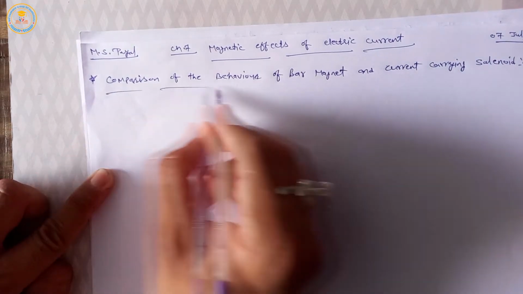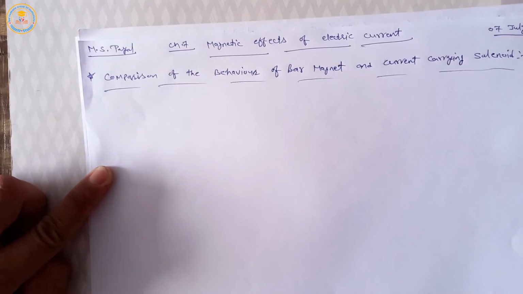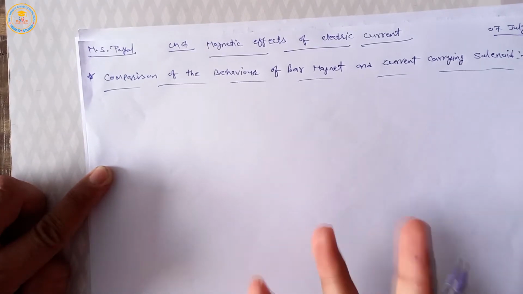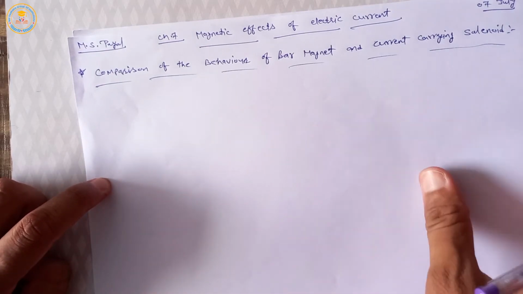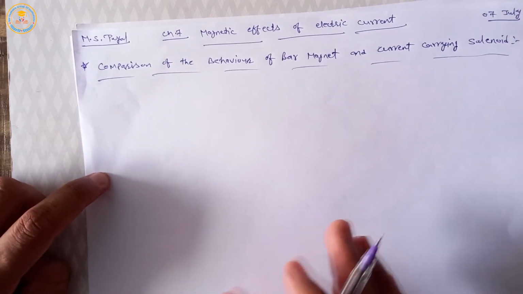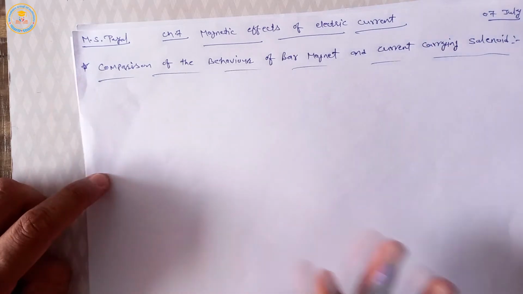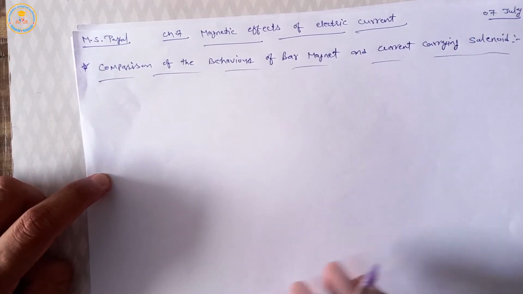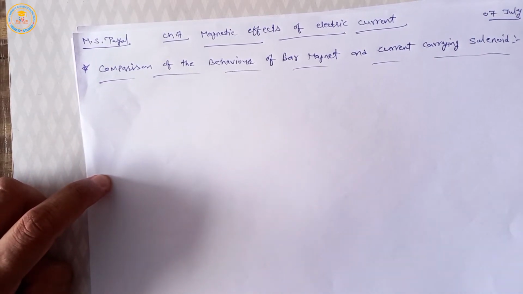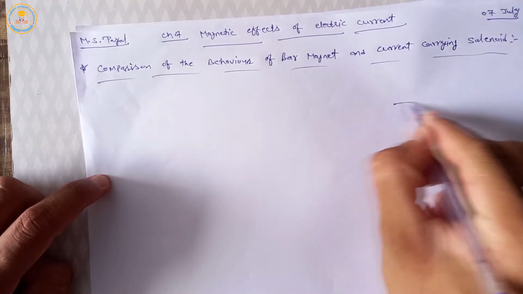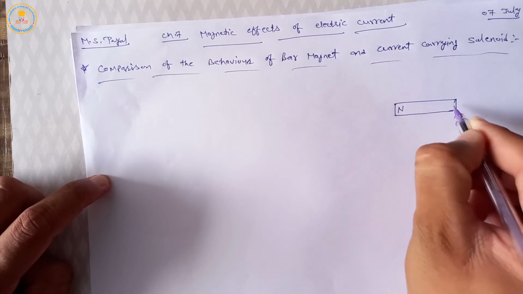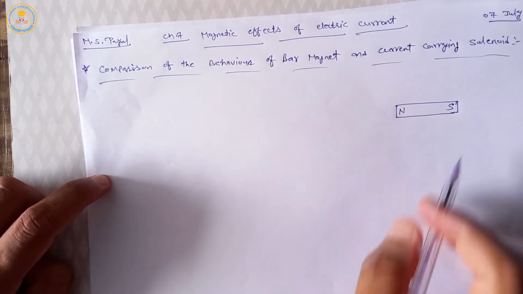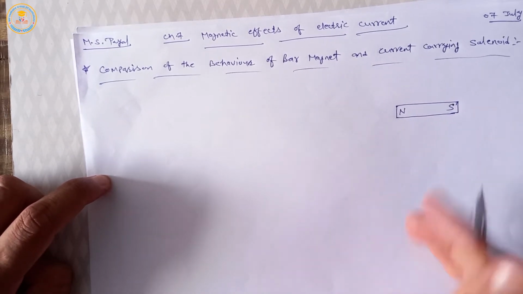What is the similarity and what is the difference between the behavior of bar magnet and current carrying solenoid? This we discussed. If we hang a bar magnet freely, suppose this is a bar magnet, this is the north pole and this is the south pole of this bar magnet.